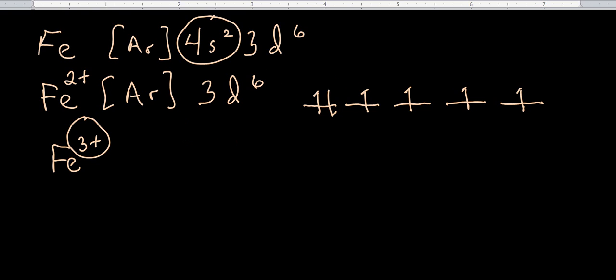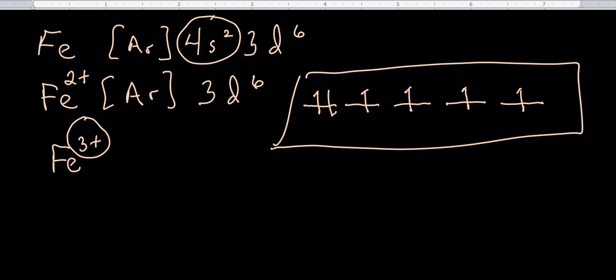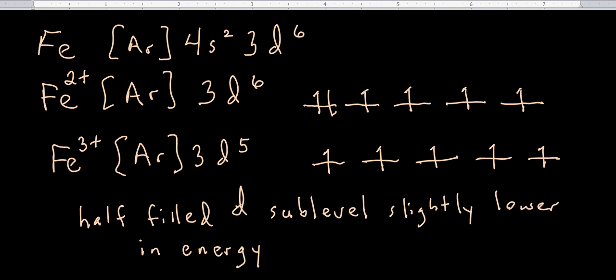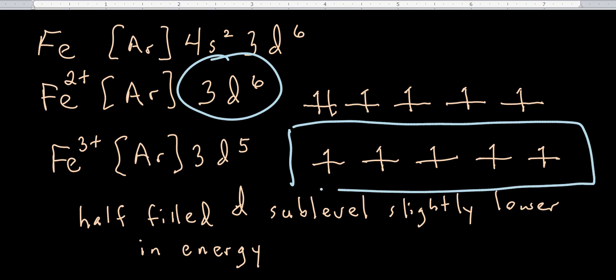This is the current arrangement if we do an orbital diagram of the 3d6 sublevel for Fe2+. What's observed to occur is from the 3d6 sublevel, one additional electron is removed, creating, when we look at the orbital diagram for the 3d sublevel, the unique configuration where the d sublevel is half filled.